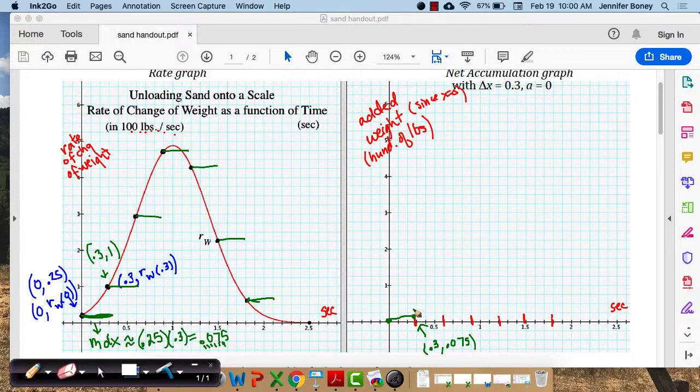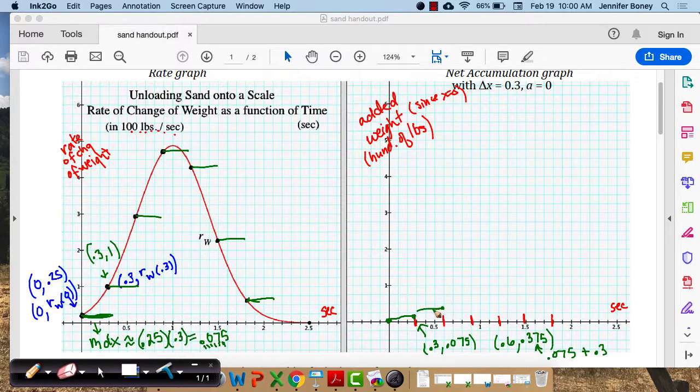Because what I'd be doing is taking and adding onto here dx of 0.3 and dy of 0.3 times 1, to make a total of 0.375. So this is this 0.075 from the first interval plus 0.3 from the second interval, a sum of 2 terms to have the accumulation from 2 intervals. So 0.375 is maybe about here.